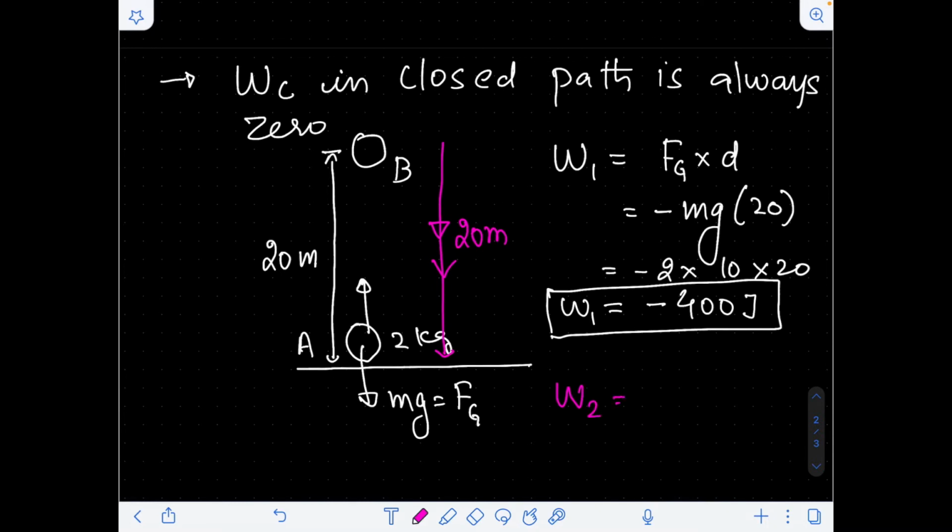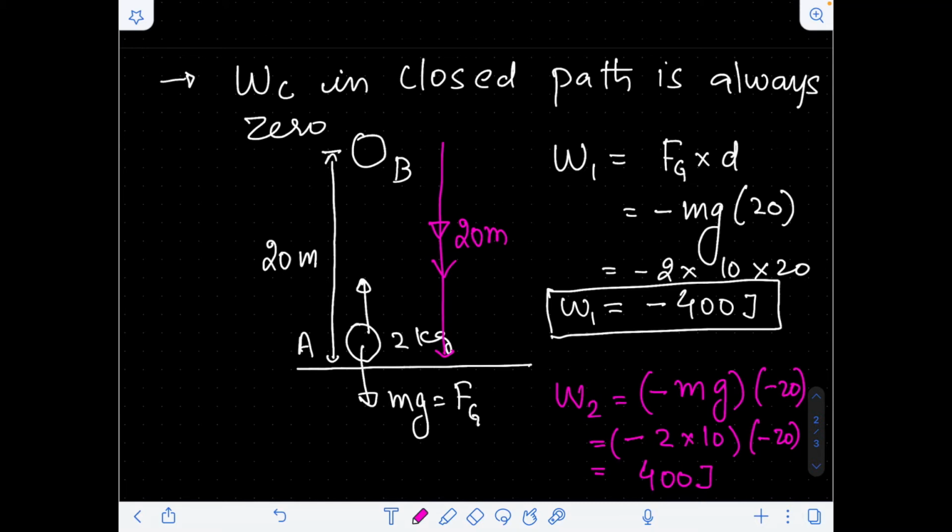So work done 2 is equal to force, which is minus mg, times displacement, minus 20 because of the downward direction. So minus 2 into 10 into minus 20, minus minus becomes positive, so it comes out to be 400 joule.